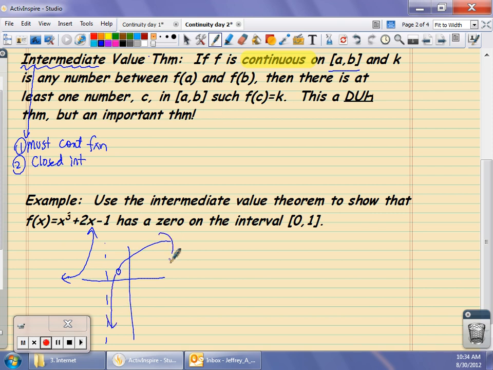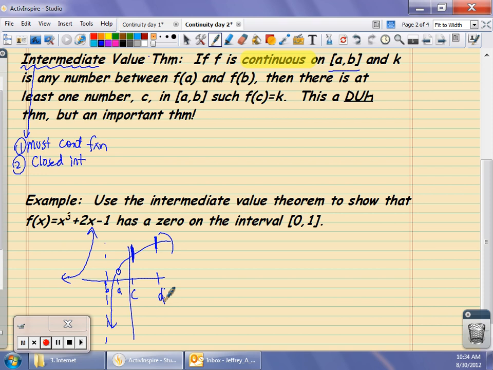So clearly this function has a discontinuity at, we'll call this A, and we'll call this B. There are discontinuities at A and B. However, if we close the interval, let's say we chop it off here and we chop it off here, and we call this C and D, the function is continuous over the closed interval from C to D. So we could apply the intermediate value theorem on that interval, on that function.